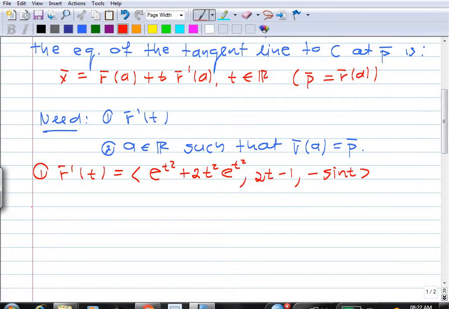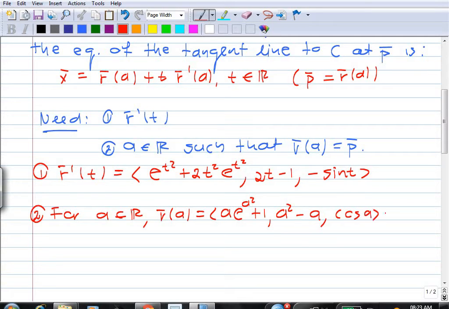Now, secondly, we must find a real number a such that r of a is equal to P. So for a an element of R, r of a is a e to the a squared plus 1, a squared minus a, cos a, and this is equal to P, and P is, remember, the point (1, 0, 1), if and only if, remember, two vectors are equal when the corresponding components are equal.